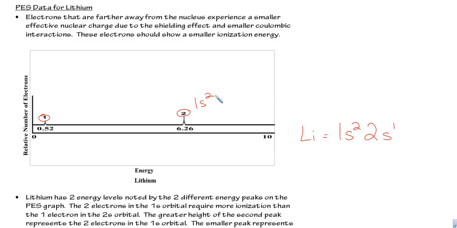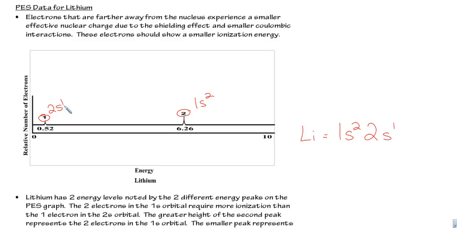So again, that's kind of giving us some concrete evidence that there are 2 electrons that fit in these s orbitals. There are 2 electrons that seem to carry about the same amount of energy. It takes the same amount of energy to remove either one of them. Then this little guy, he must be the 2s1.